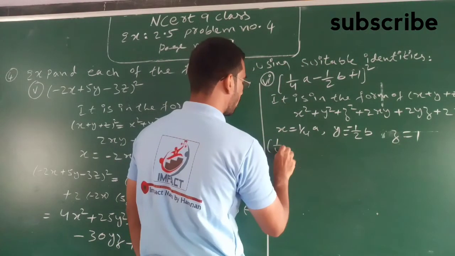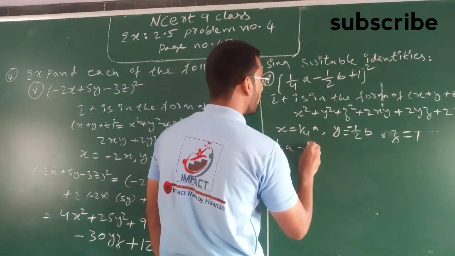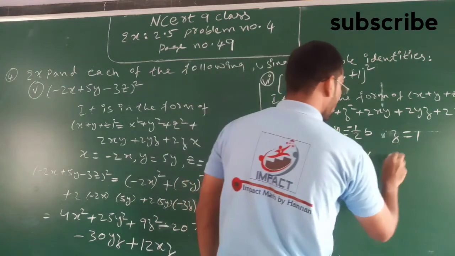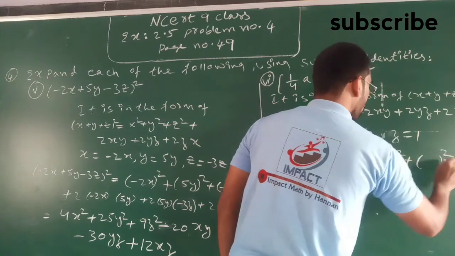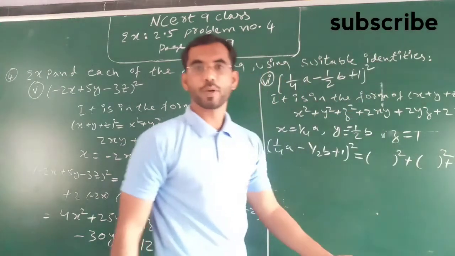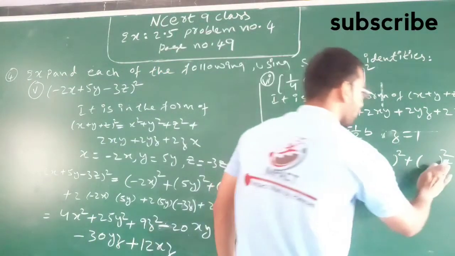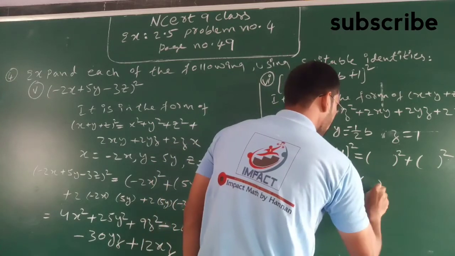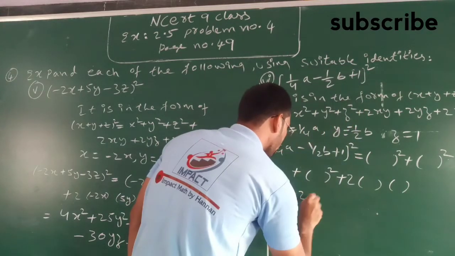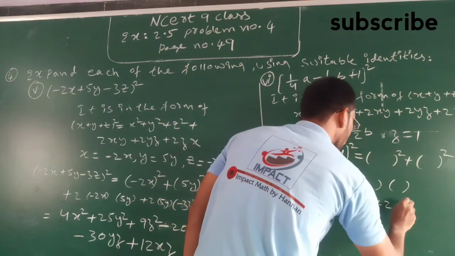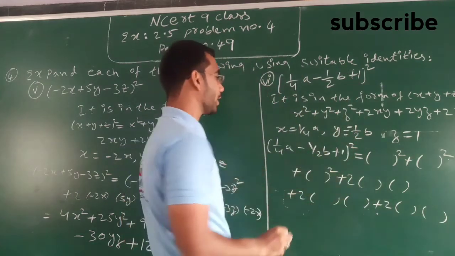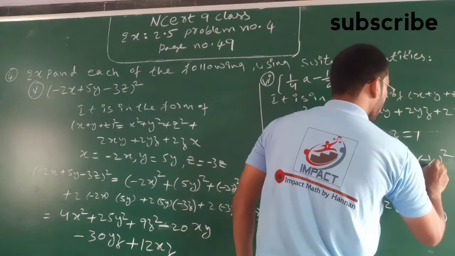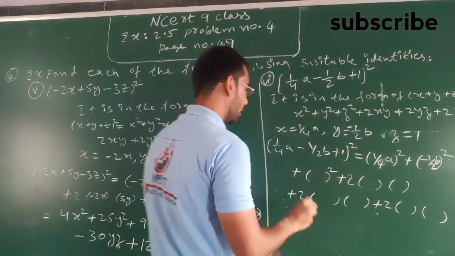What is given: 1 by 4 a minus 1 by 2 b plus 1 whole square is equal to a square plus b square plus c square plus 2ab plus 2bc plus 2ca. Now a square is how much? 1 by 4 a, then minus 1 by 2 b, again 1.